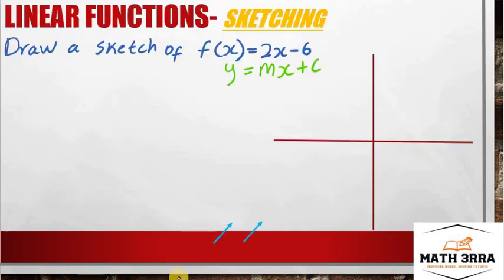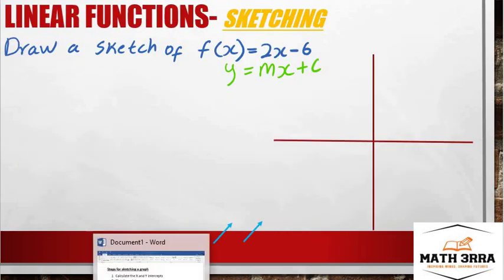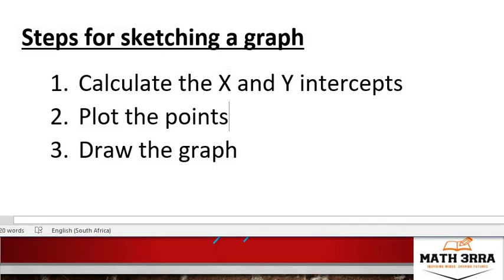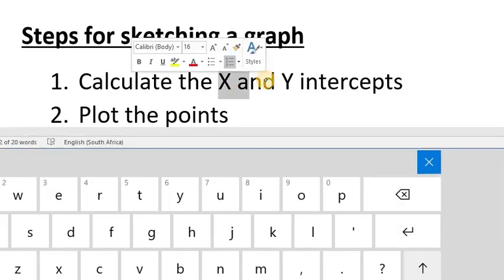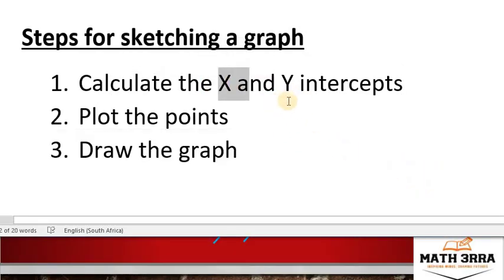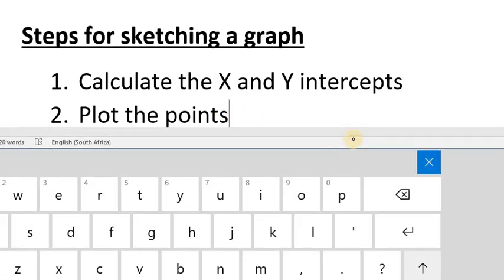So what then do we do when sketching functions? These are the steps that we are going to be following. When sketching straight line functions, our first step is always and forever to calculate the x and the y intercepts. After we've determined our x and y intercepts, we are going to plot those points on our graph.